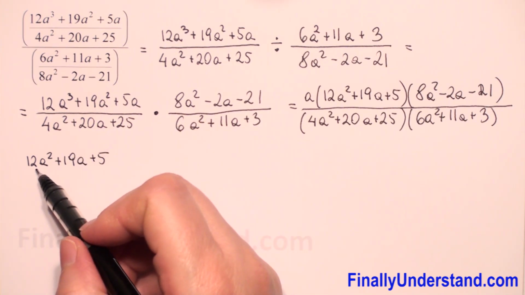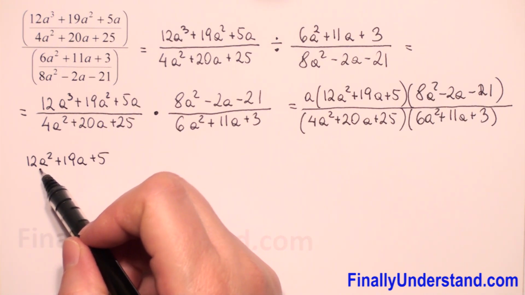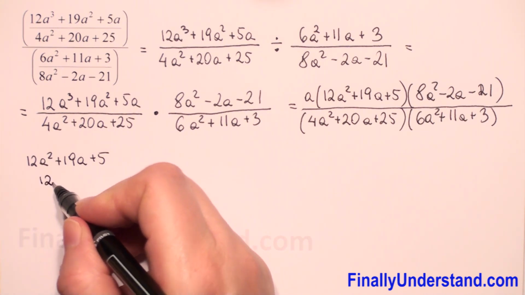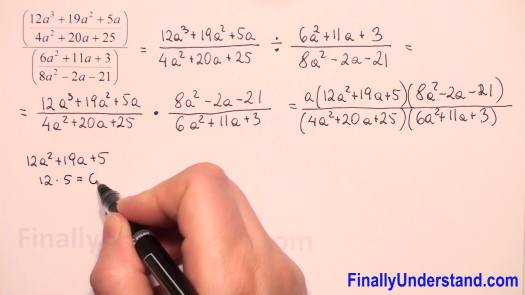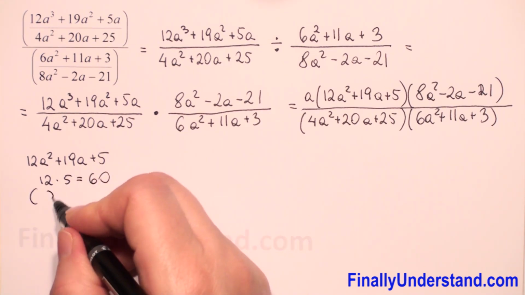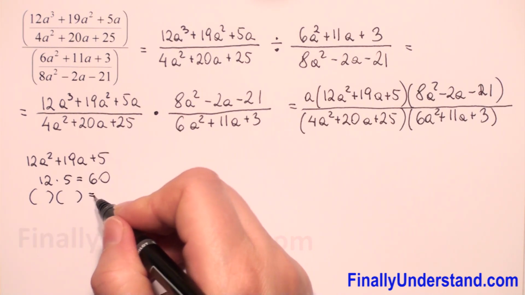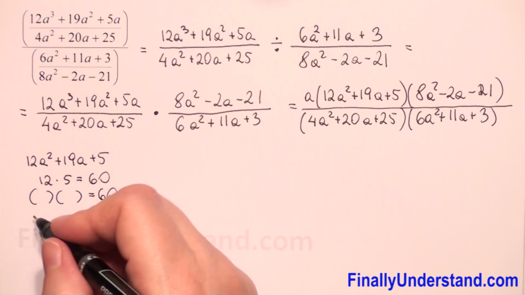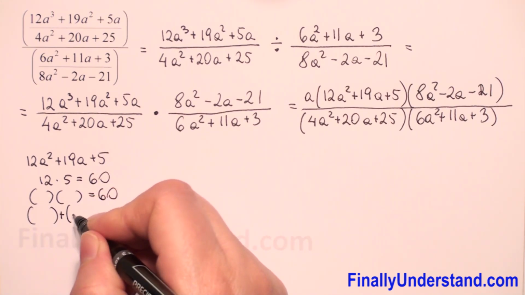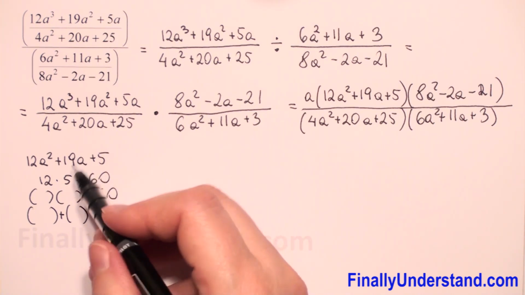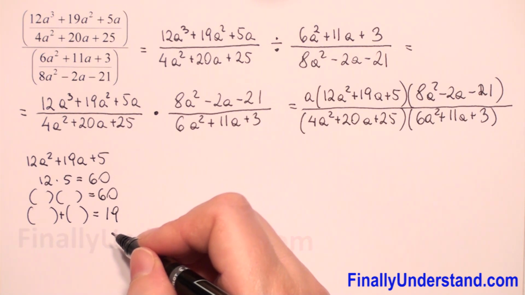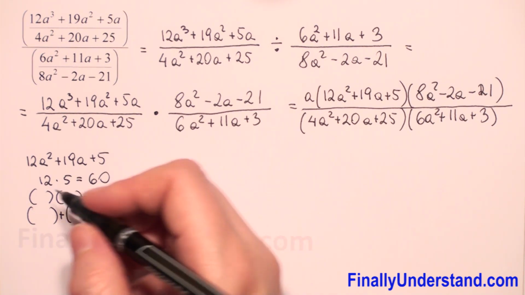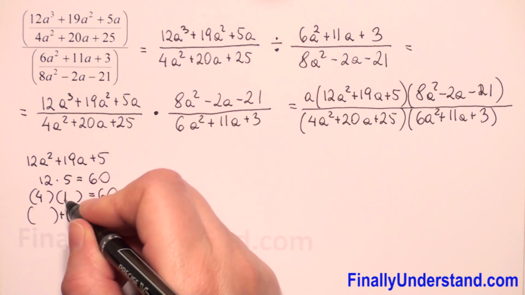Because the coefficient before a squared is different than 1, I have to multiply 12 times the constant 5, so this is 60. Now I have to find two numbers which multiply to 60, and when I add them I get the coefficient before a, which is 19, so it will be 4 and 15.